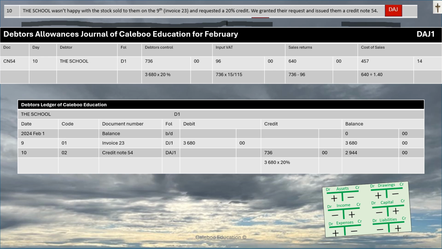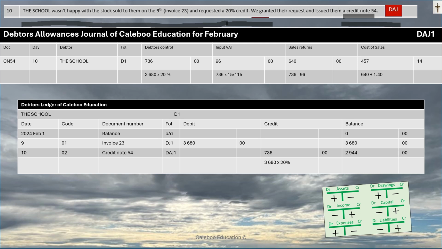So a credit note will go to the school, credit note number 54. The original document goes to the school, and Caleboo Education uses the duplicate credit note to record the transaction.